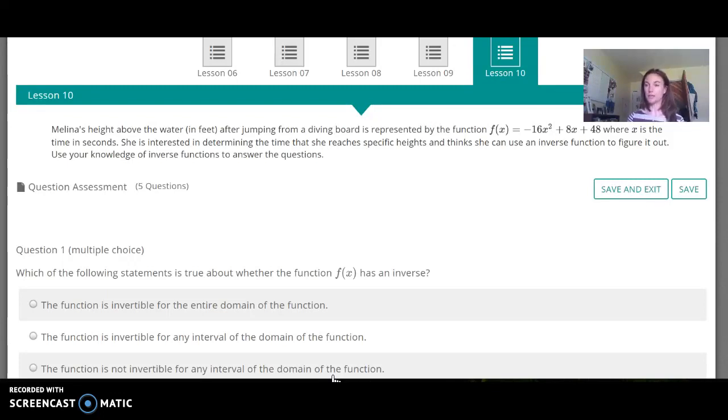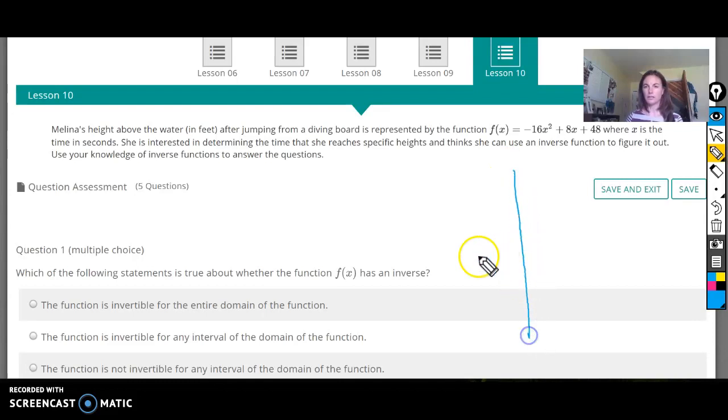Okay, so we've got this function that we know is a parabola, right? Let me get my pen over here. It's going to look something like this.